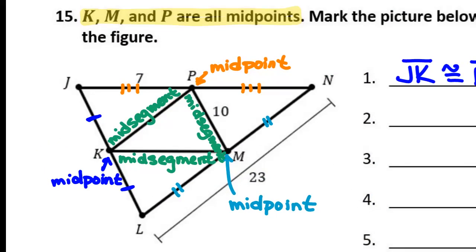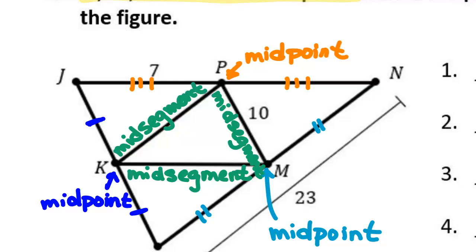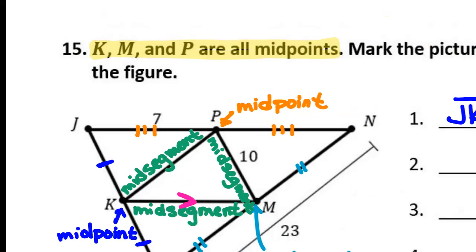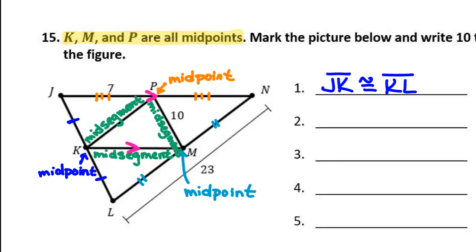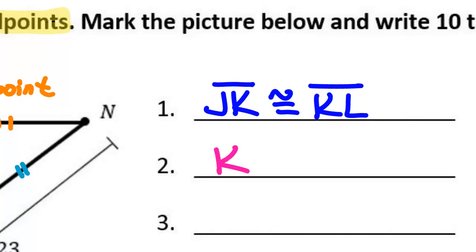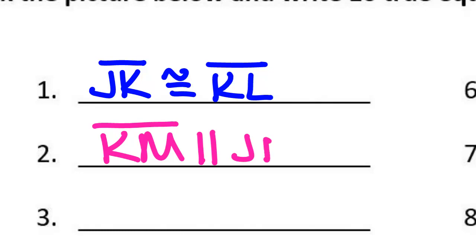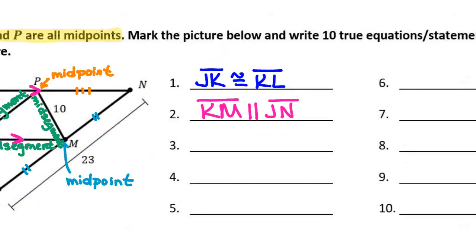Mid-segments are always going to be parallel to the side that they do not touch. So that means that KM right here is parallel to JN. KM is parallel to JN. And it's also half of that whole segment.